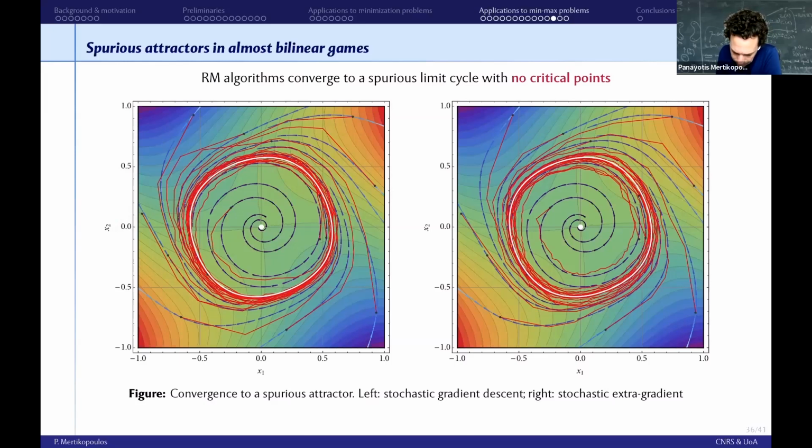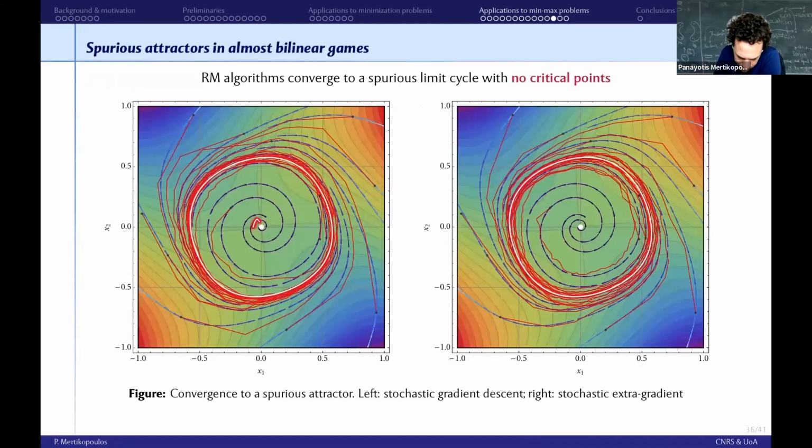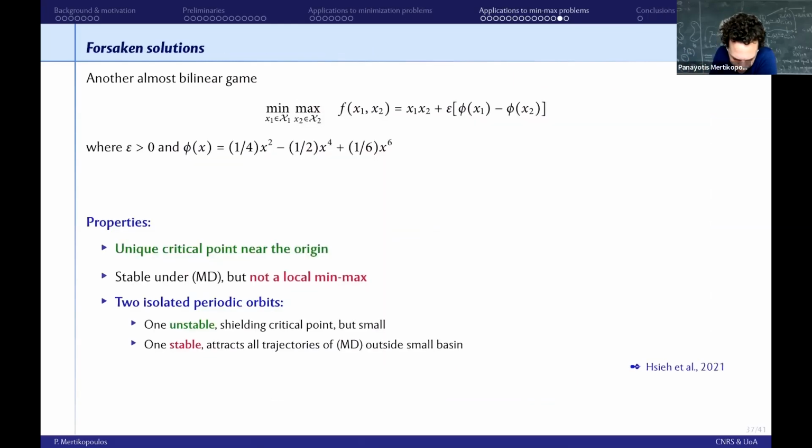And in fact, you can have even the case where not only is the center point a critical point, but it could be the unique Nash equilibrium of the game. And well, this just takes a slightly more complicated perturbation of the game to achieve.